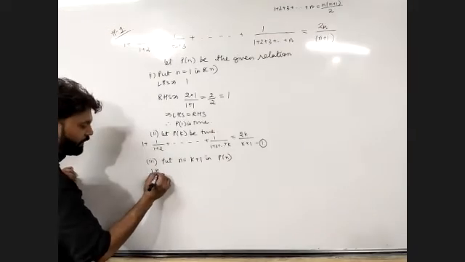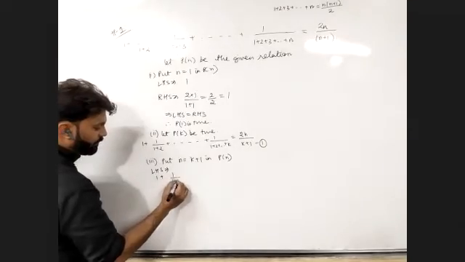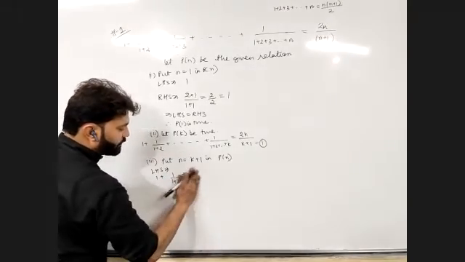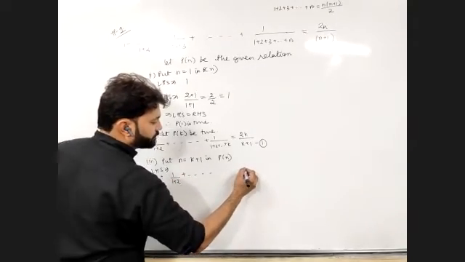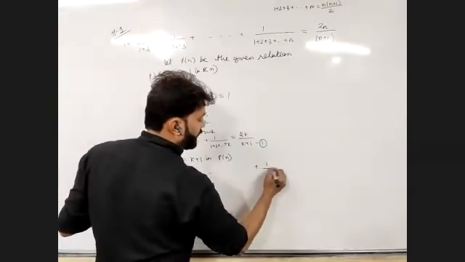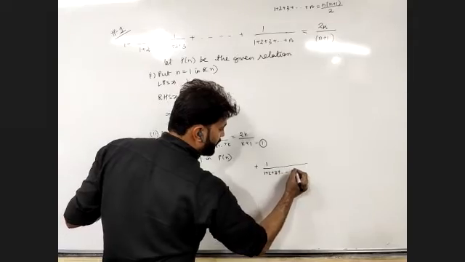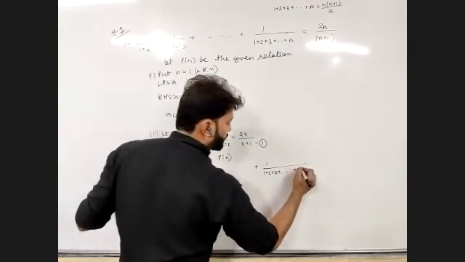So taking only LHS, 1 upon 1, 1 upon 1 plus 2, and so on till, what will be the last term? 1 upon 1 plus 2 plus 3, and so on till k plus 1.